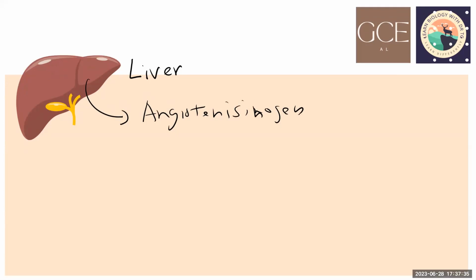Now this angiotensinogen is in an inactive form, so it can't do anything. If it is produced on a regular basis, nothing will happen because its function is not there. It's inactive.